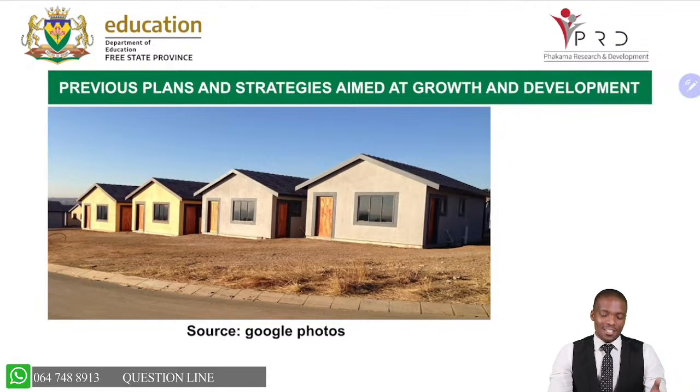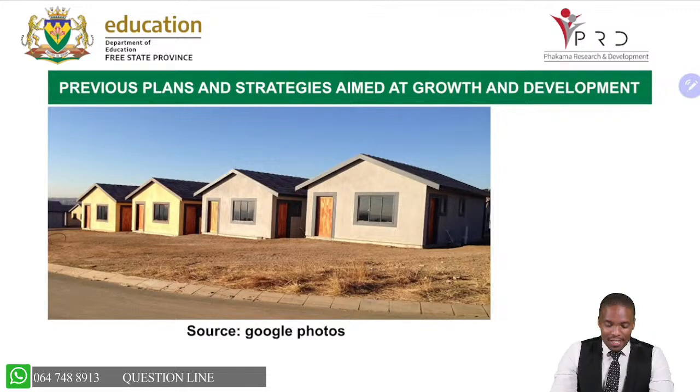These are RDP houses as supplied or supported by the government. Or someone would be saying, these are subsidized houses for those who earn less or who are low-income earners. Those are the correct possible answers, but the most relevant answer could be the RDP houses.